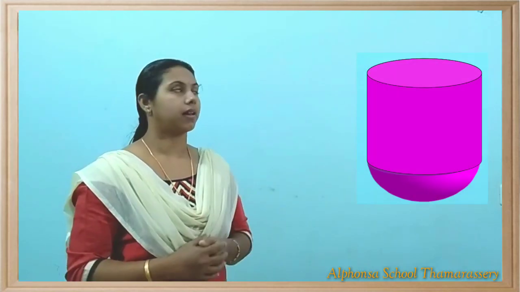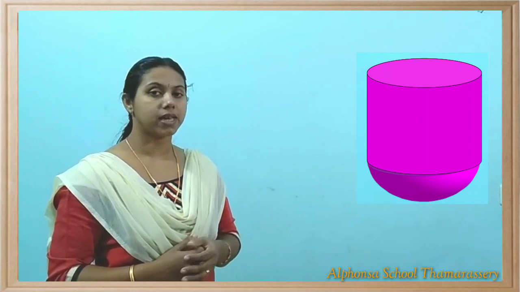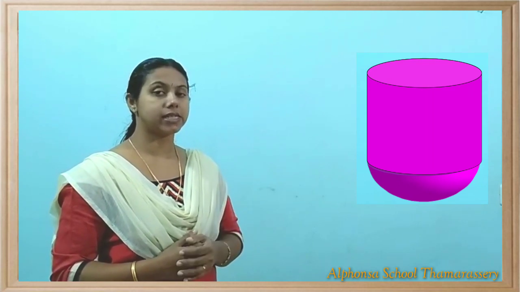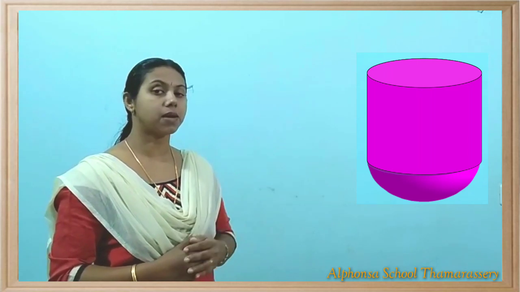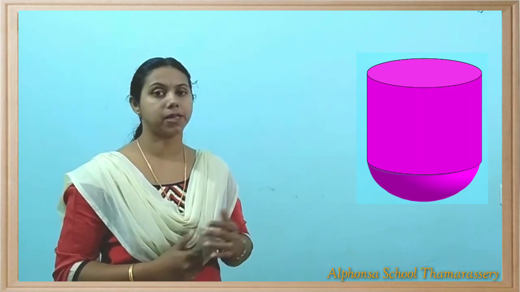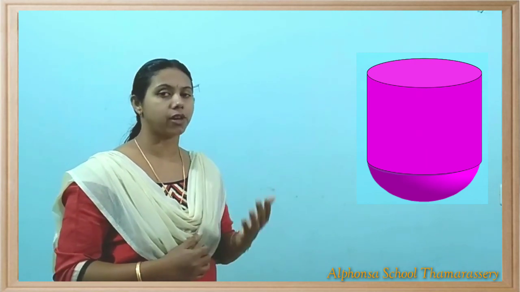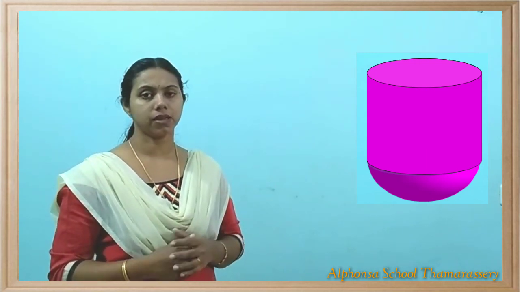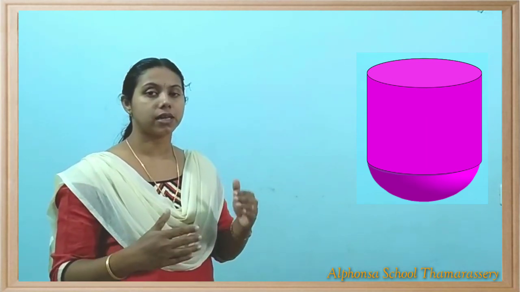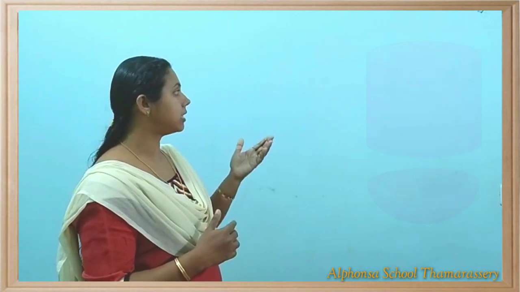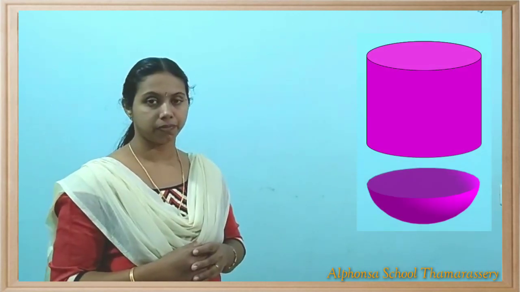See this vessel. A vessel is in the form of a cylinder mounted on a hemisphere, a hollow cylinder mounted on a hollow hemisphere. So how do you find the surface area of this vessel? Here the surface area of this vessel is equal to the curved surface area of the cylinder plus the curved surface area of the hemisphere.